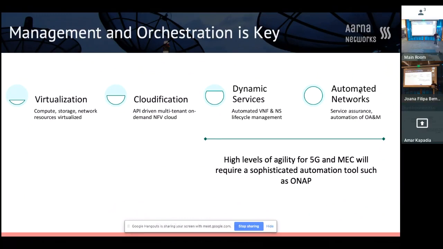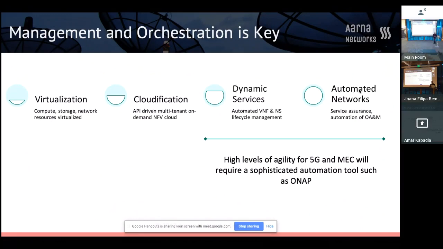I can create VMs or containers or pods automatically. But my network services still have to be deployed manually, configured manually. And that's okay if you're doing it once in 3 months. But with 5G, if you're doing it once in 5 seconds, manual just doesn't make sense. So it has to be automated. So that's where you have automated orchestration and lifecycle management of network services.